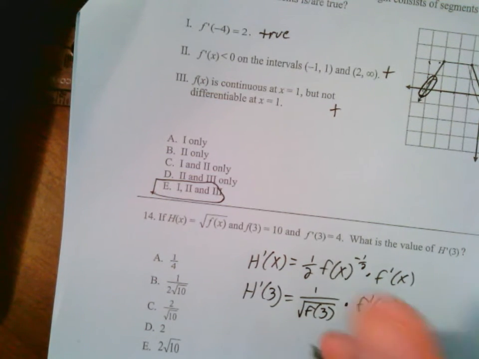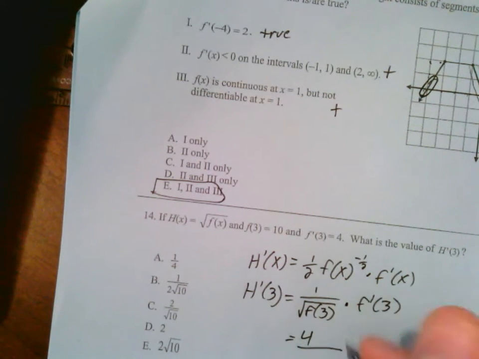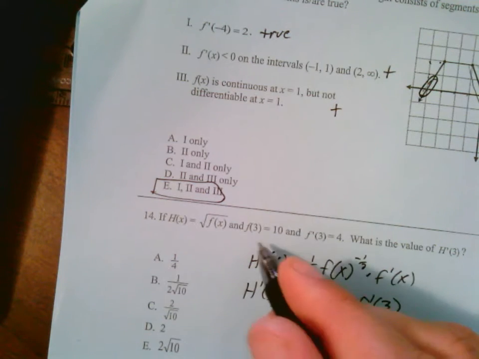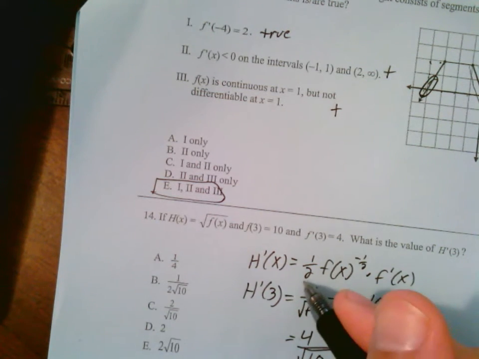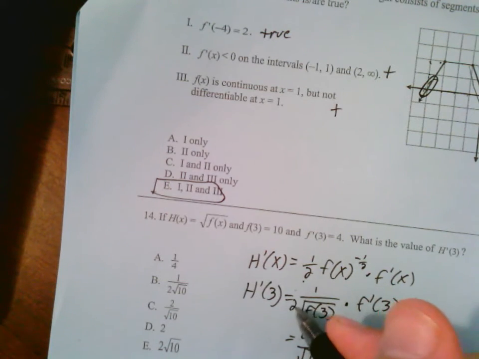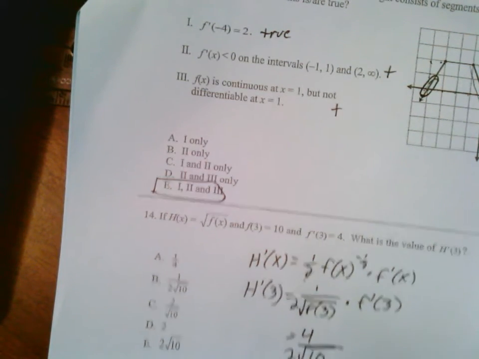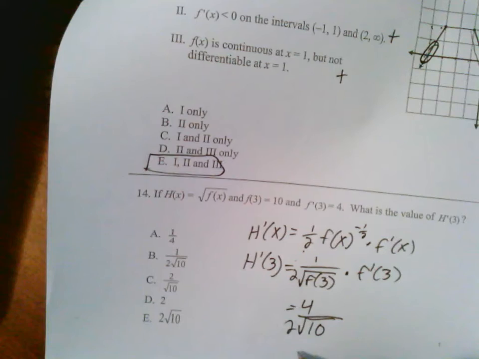F prime of 3 is 4. F of 3 is 10, so don't forget my 1/2 like I did right here. And so I get 2 over root 10.